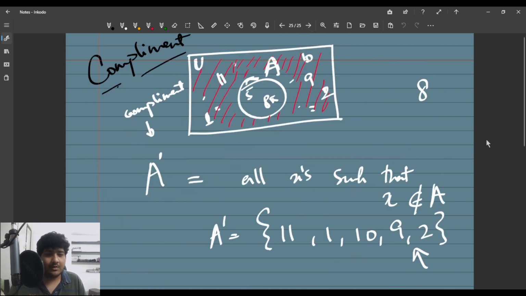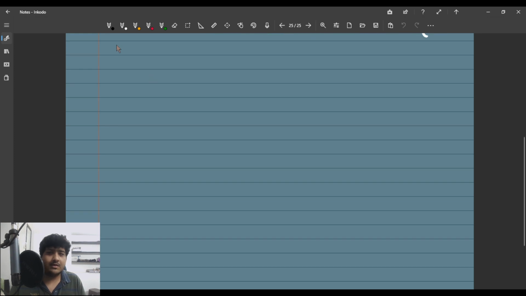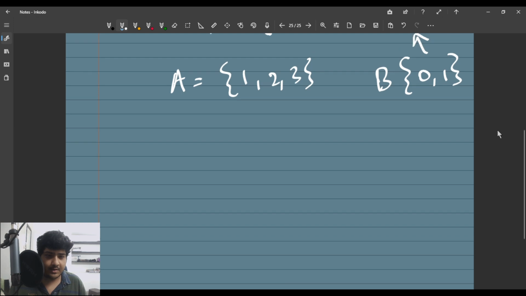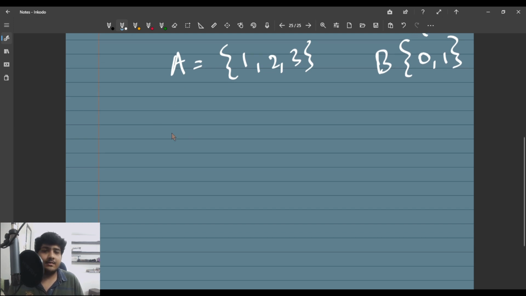Multiplication, this too we are defining to be some special operation. A is 1, 2, 3 as before, and B is 0, 1. So how do I define multiplication on these two sets? I'll write each of the terms.